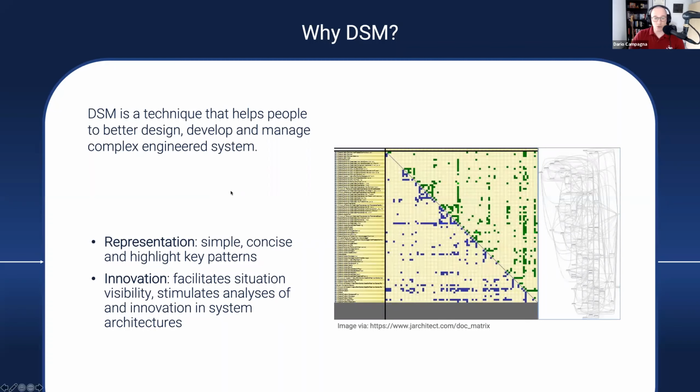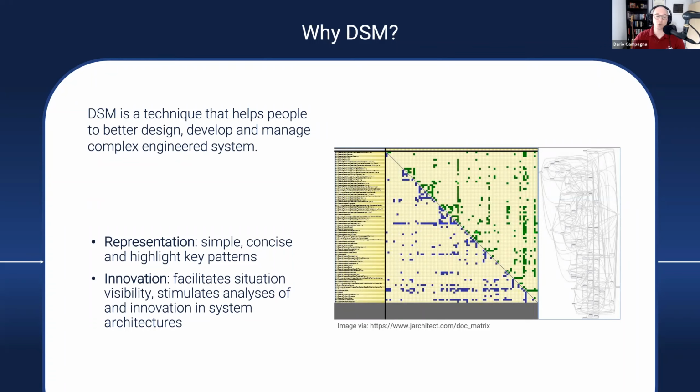And it has two main advantages as a tool for representing system architecture. One is the representation that is simple, concise, and it helps in highlighting key patterns, and it also scales better than other representation formats. The second advantage is innovation.